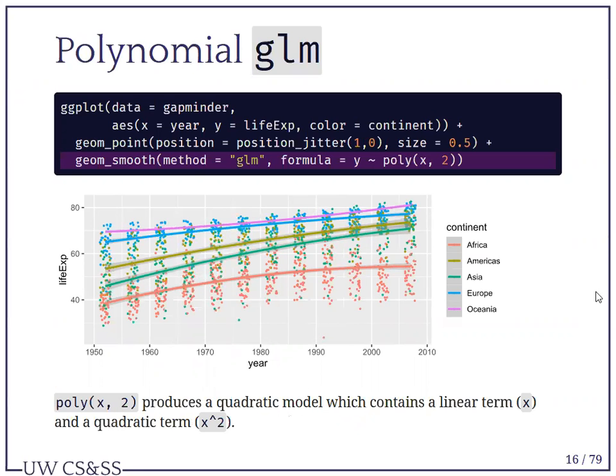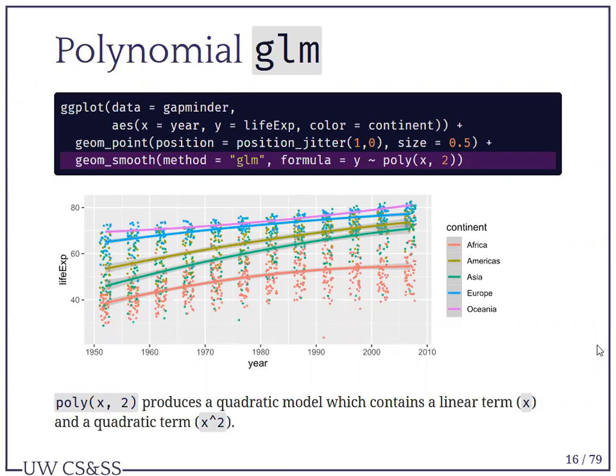We can also specify things like a squared or cubed term by using method equals GLM and specifying our formula as y tilde poly, this helper function here, our covariate, and what the polynomial is going to be, two. So this is a squared term, which means that we're allowing each of our smoothers to have one curve in it.